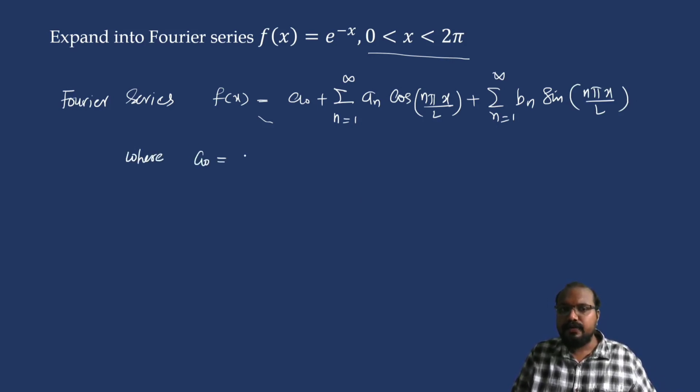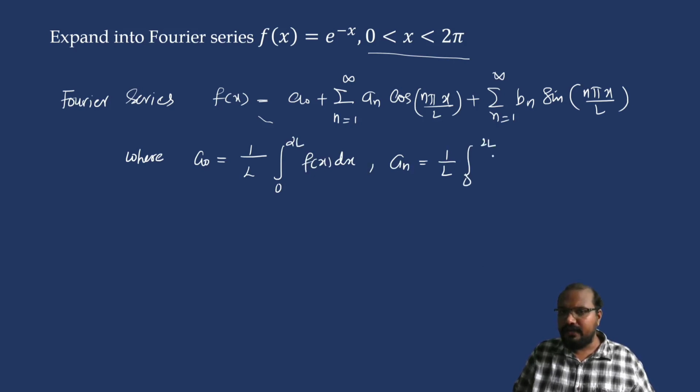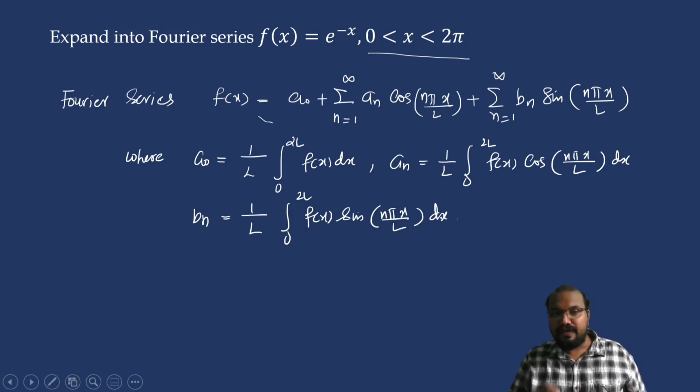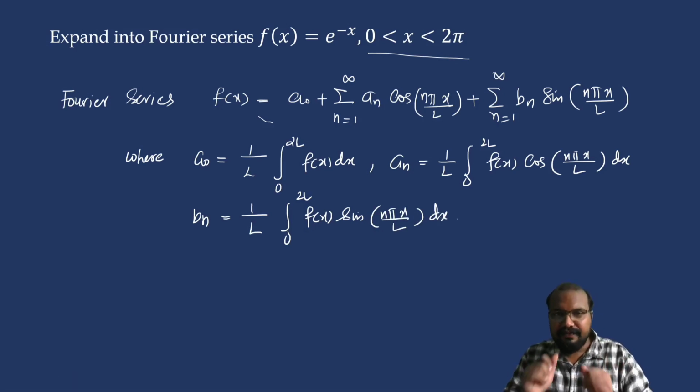A naught is equal to 1 by l integral 0 to 2l f of x dx, an is 1 by l integral 0 to 2l f of x into cos n pi x by l dx, and bn equals 1 by l integral 0 to 2l f of x into sine n pi x by l dx. This is the general formula to find the Fourier series of a given function.